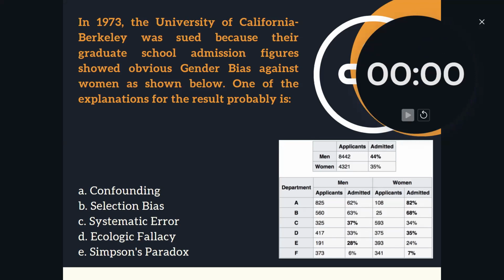As you can see in the table below, in every department A, B, C, D, E, and F, the percentage of women admitted is 82% in department A, 68% in department B, 34% in department C, as compared to 62% in men in department A, 63% in B, and 37% in C.